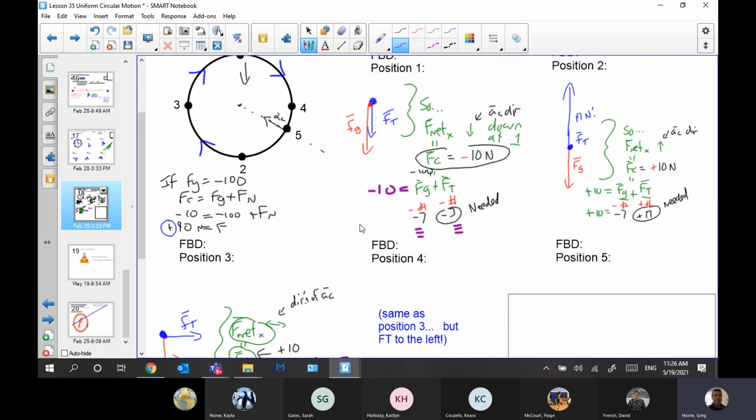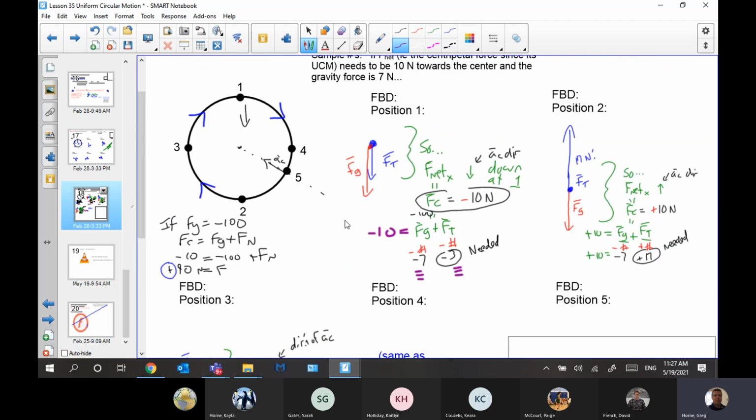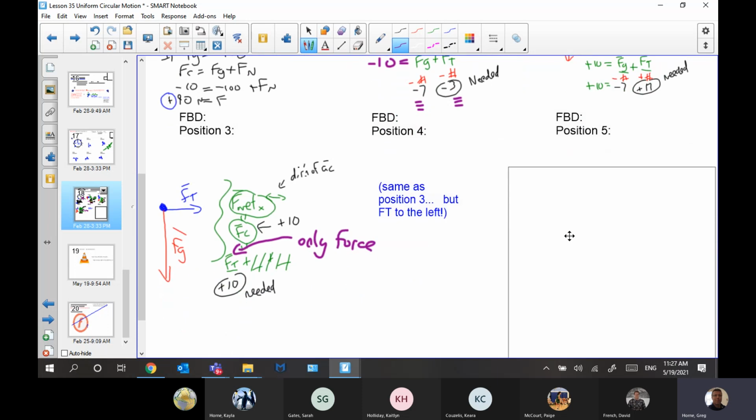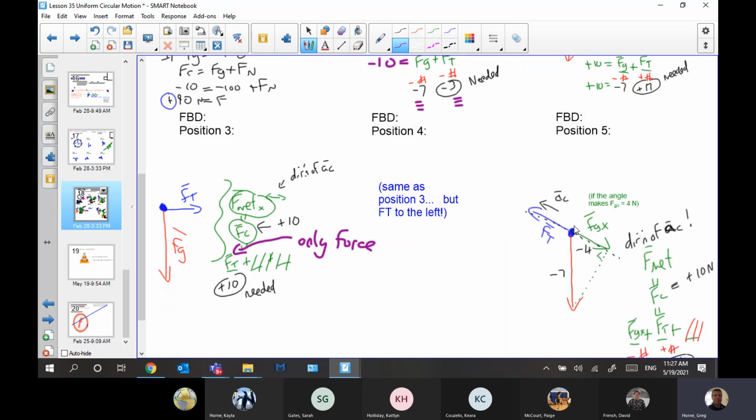And then what about the angle one? Picture the angle one. Obviously, we have to have a centripetal force here causing this centripetal acceleration. A centripetal force on a diagonal is going to be made up of partially tension force and partially gravity. So picture gravity is down. There's going to be a component of gravity away from the center, and a tension force in towards the center.